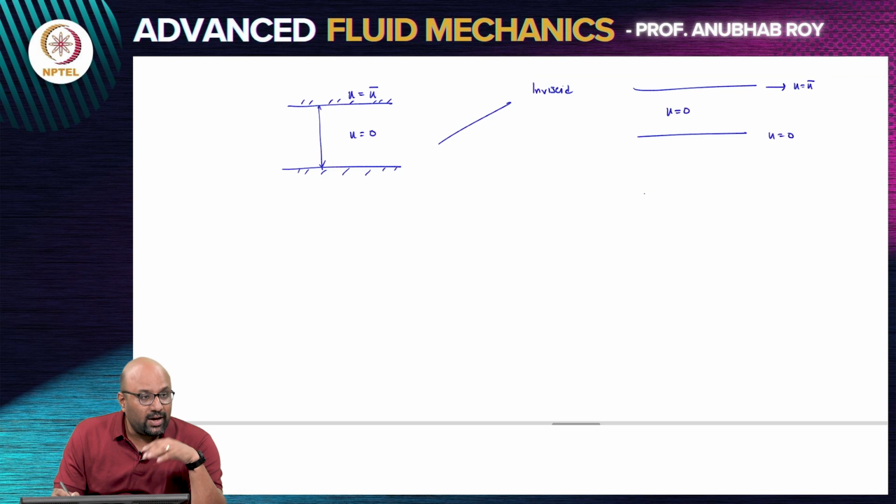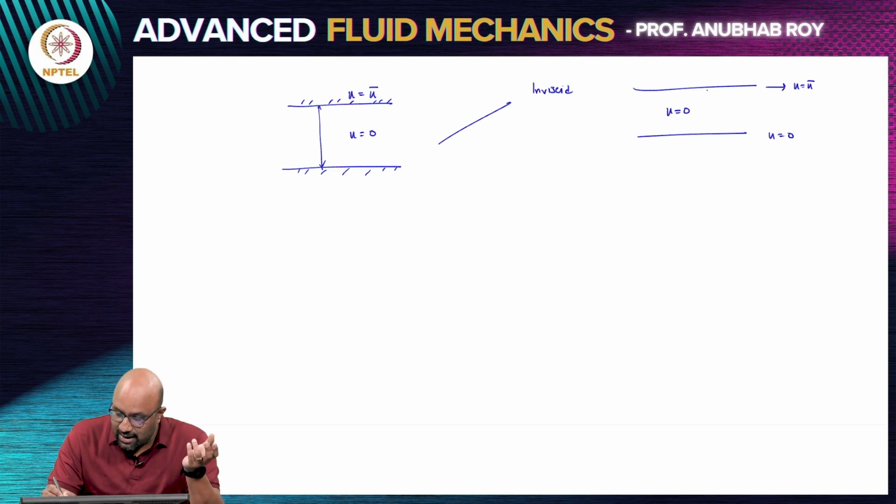Because the only way you can actually set an inviscid fluid into motion is through normal motion of a boundary. A tangential motion of a boundary will not set an inviscid fluid into motion, because an inviscid fluid is allowed to slip. So if you only introduce tangential motion of boundaries, there is never going to be any motion if you are strictly treating the problem as an inviscid problem.